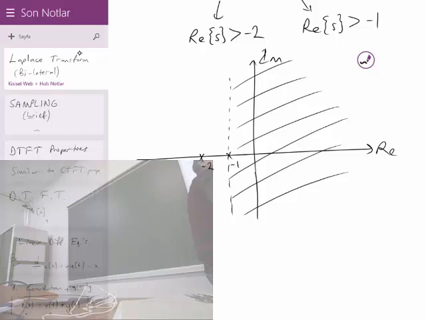Tell me another one. To the left of -2. And then in between -2 and -1. That's also an intersection, because when you intersect right hand side and left hand side, a stripe is what you find. That is also a region of convergence.